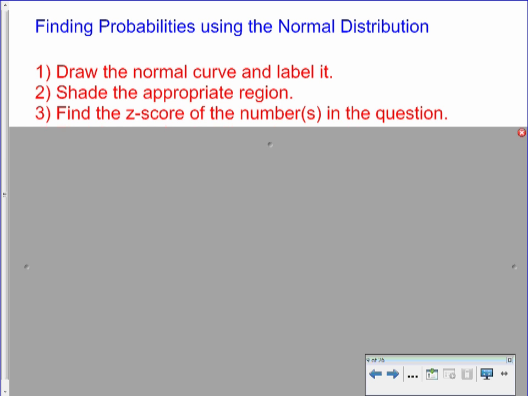Now, in most cases, if they're asking a less or greater, it's just going to be one number you need. But if they are asking you one of those problems about between two values, then you have to find z-scores for both of those numbers.